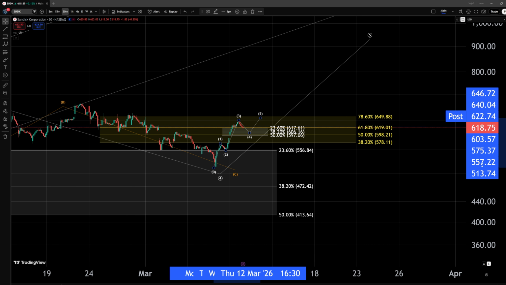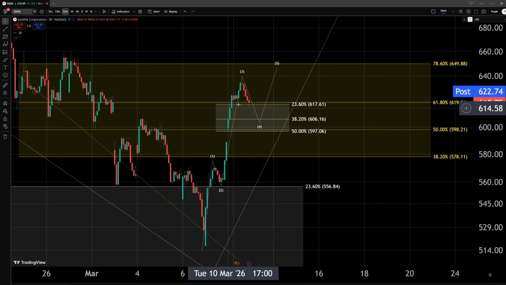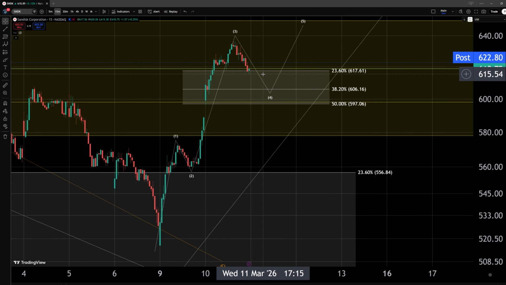And on this chart, it might have had better probabilities if it managed to reach the ideal target than on the micron chart. But here we have this separate issue that doesn't allow us to look with the same high probabilities. Now, nonetheless, so far we have pushed into the first level of support.